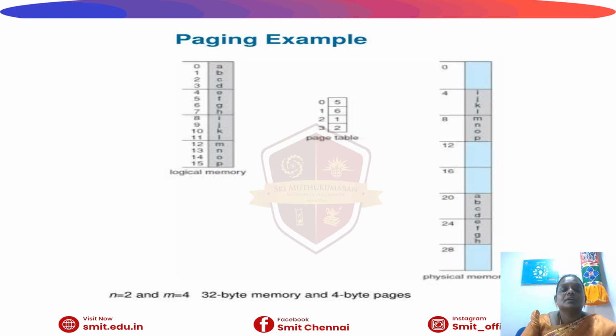For example, in the paging example, here n equals 2 and m equals 4. It has 32 byte memory and 4 byte pages.